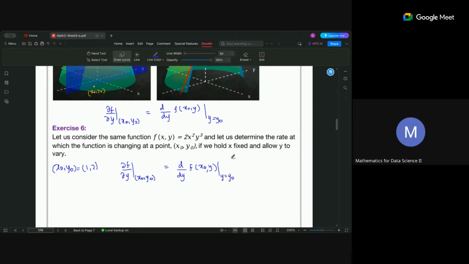What is f of x naught comma y? X naught is equal to 1, so what is the function you will get? D by dy of 2y cube at the point y is equal to 2. What is the derivative of this function? 6y square at y is equal to 2. So it means 6 times 4, 24, is the answer. Okay, clear?